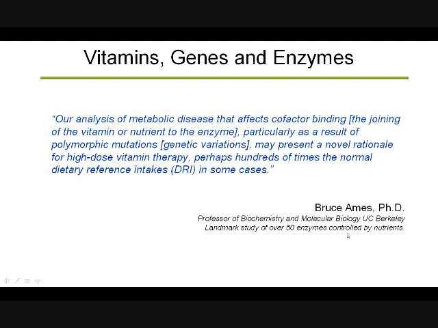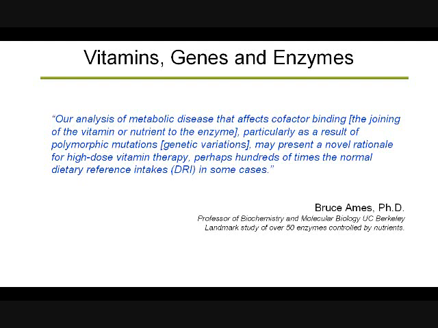Our analysis of metabolic disease that affects cofactor binding, that means minerals and vitamins binding to the enzyme, particularly as a result of polymorphic mutations, that's those SNPs, those genetic variations, may present a novel rationale for high-dose vitamin therapy, perhaps hundreds of times the normal dietary reference intake or recommended dietary allowance in some cases.